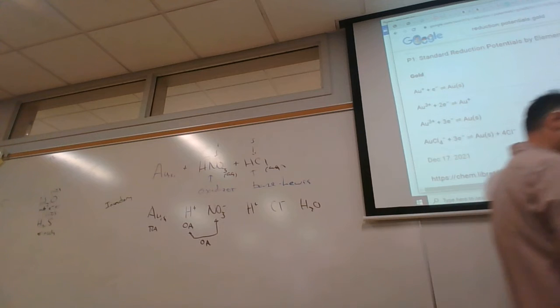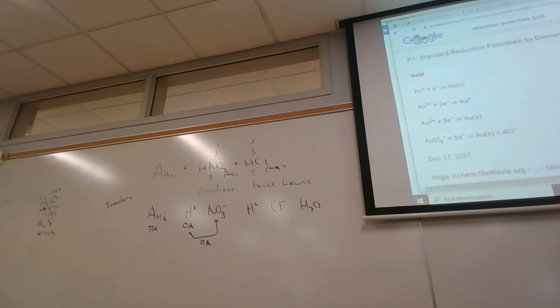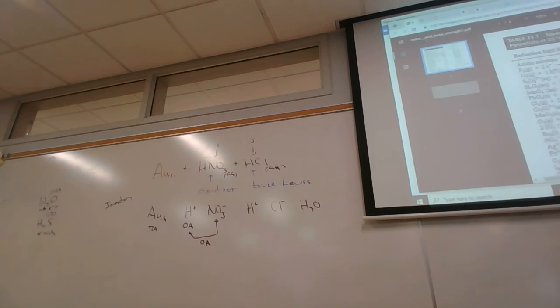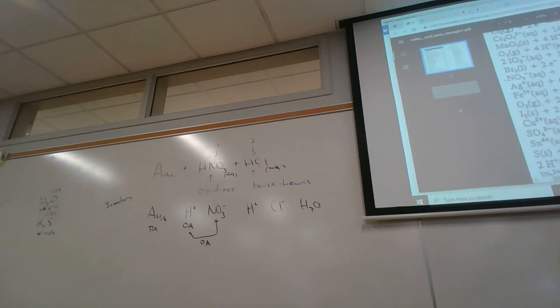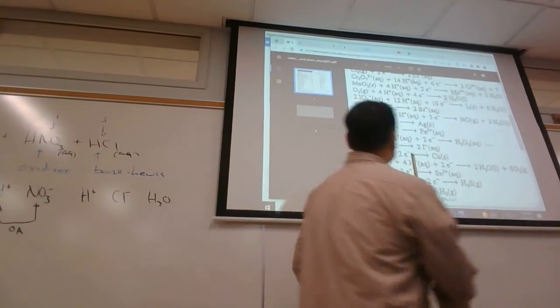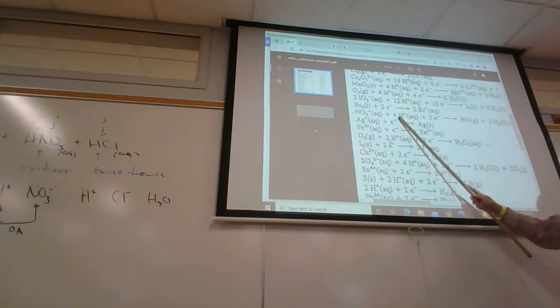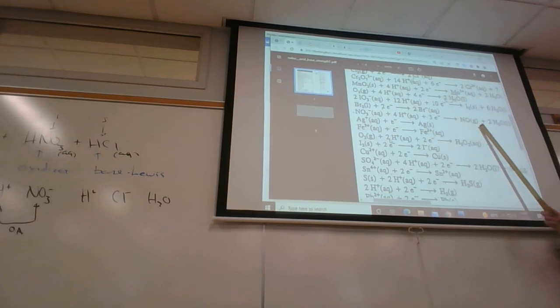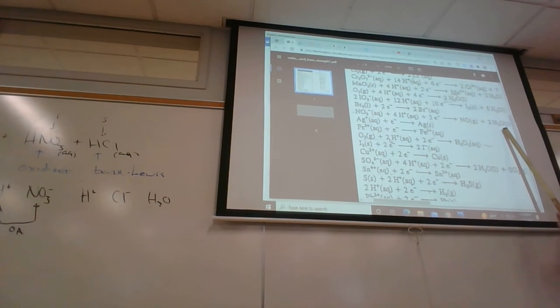Now, what happens if you don't have that H plus? So when I look at nitrate here, nitrate plus 4 H plus 3 electrons yields NO in water.